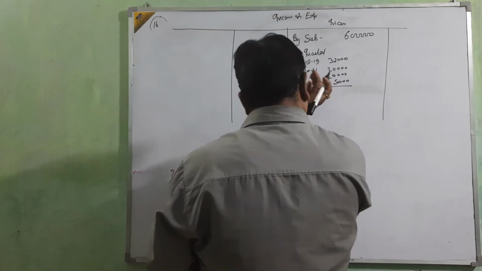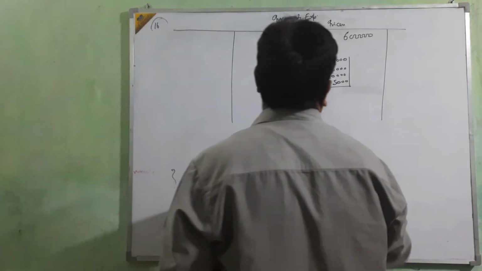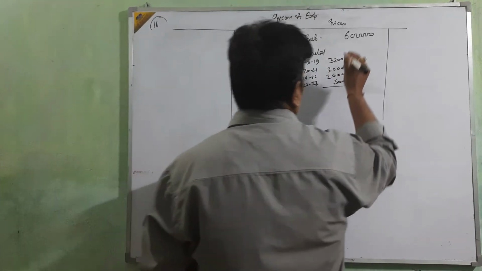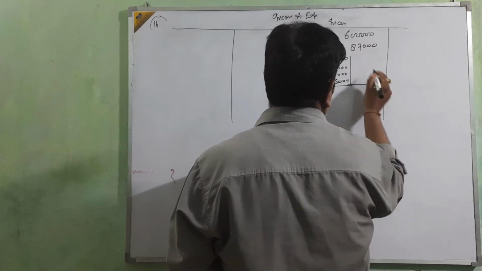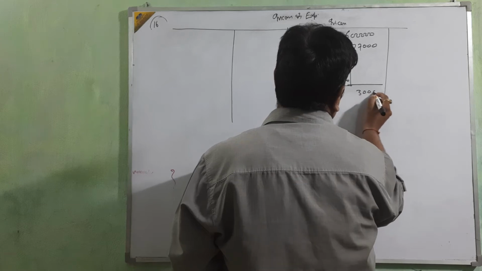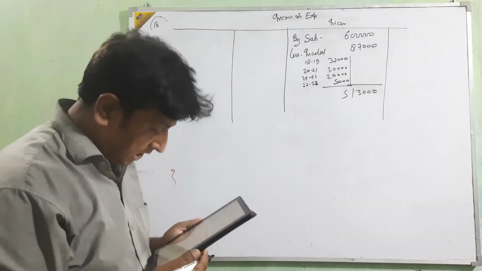Okay beta, add these all. The total amount is 87,000, less from here 87,000. Then the amount is coming 5 lakh 13,000.